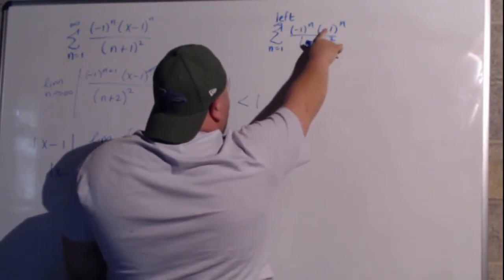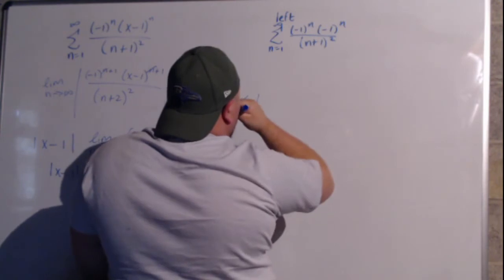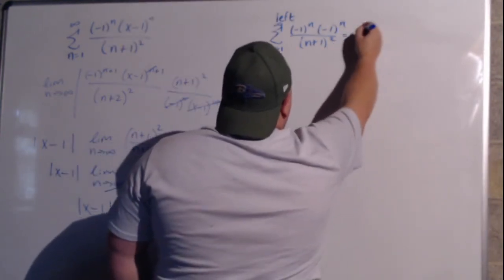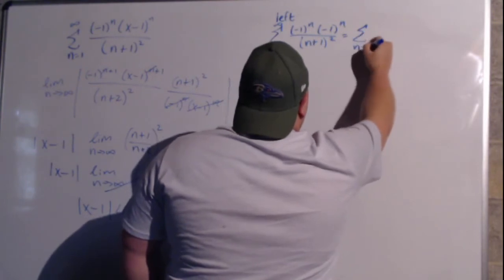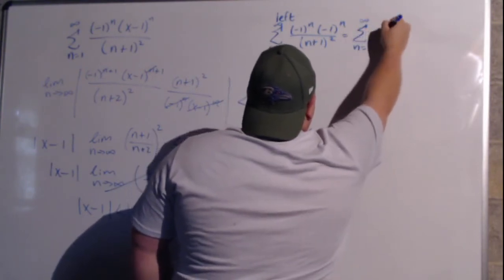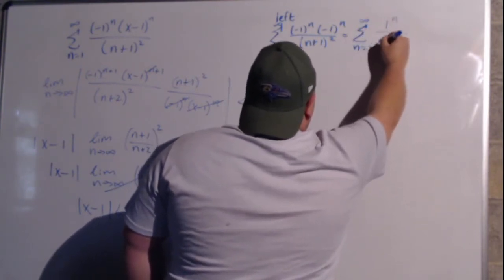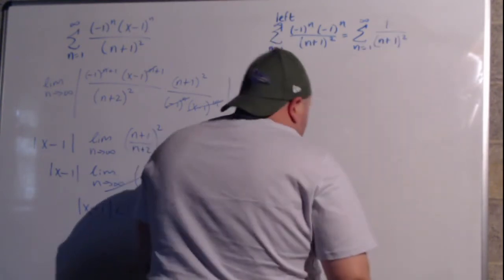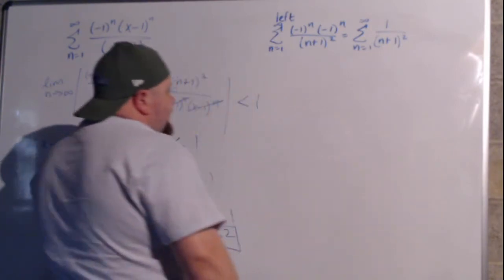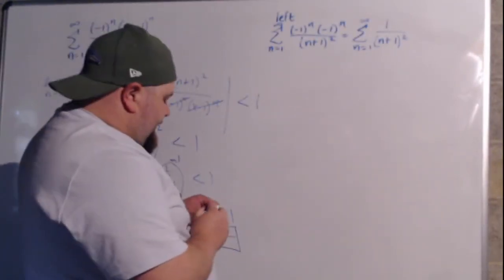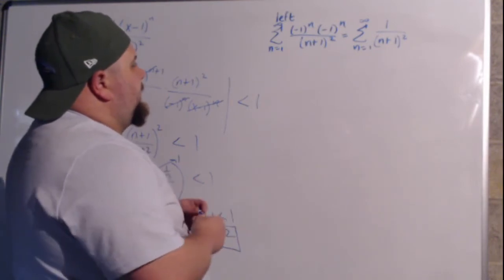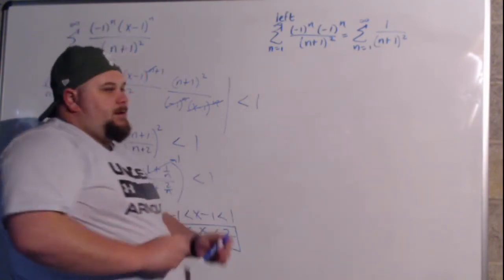Negative 1 to the n times negative 1 to the n is just going to be 1 to the n, or 1. So once we've simplified the series, the question is then, what kind of series is it, and therefore, how do I test it?